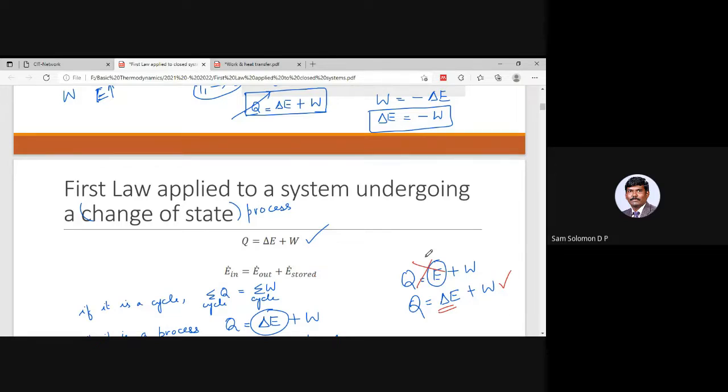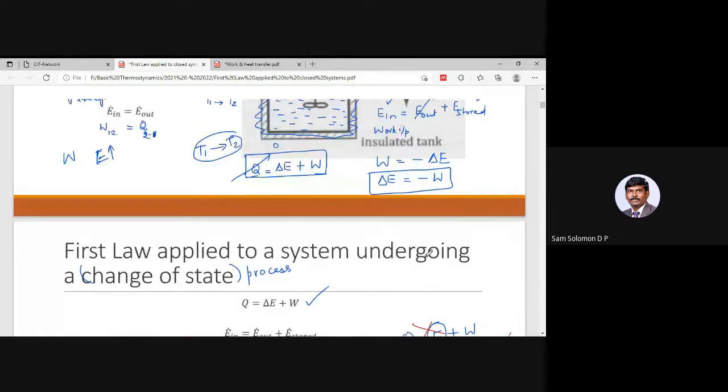You have so many things for that, which we'll be seeing later on, maybe in a couple of slides. You have translational energy, rotational energy, vibrational energy, electromagnetic energy. There are so many forms of energy for one single electron or one single atom. Putting all that together, you call it internal energy.